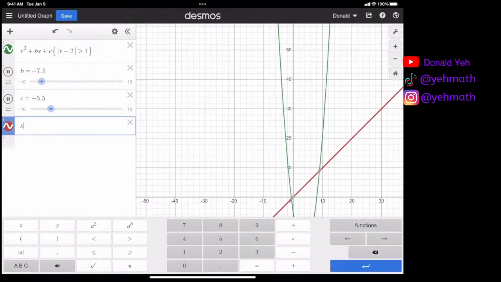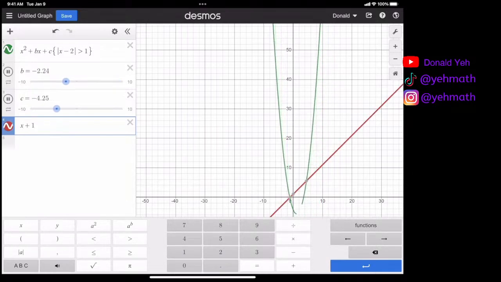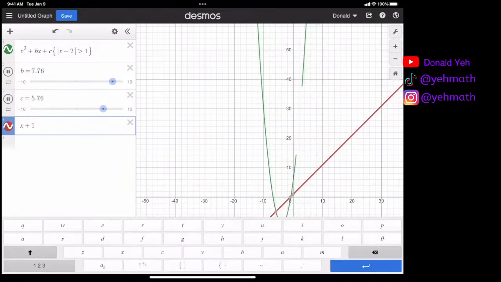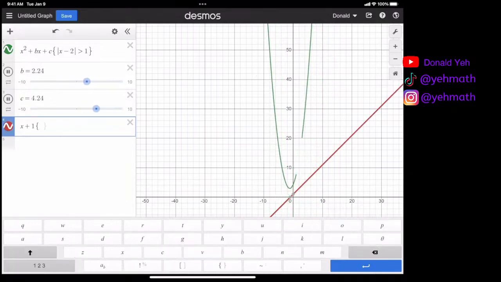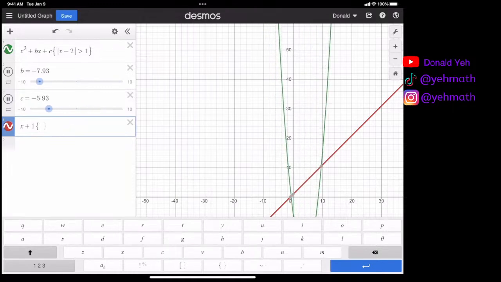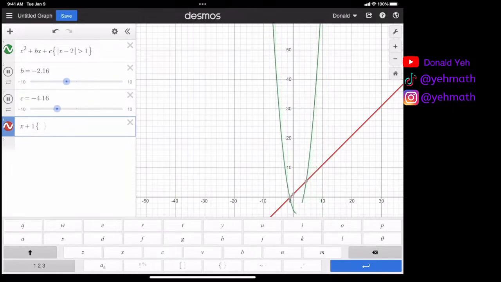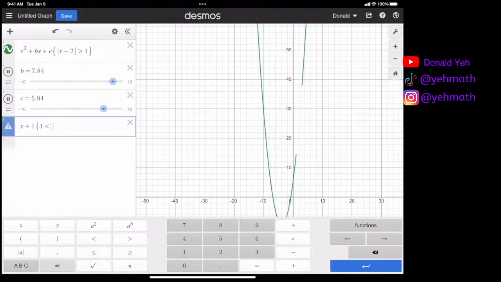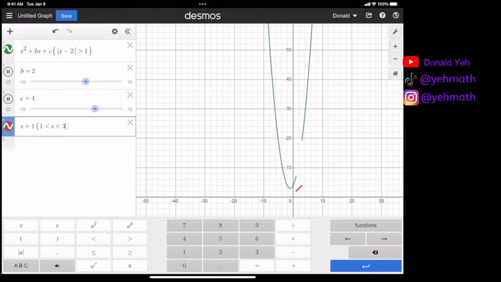And we're going to do x plus 1 for 1 less than x less than 3.